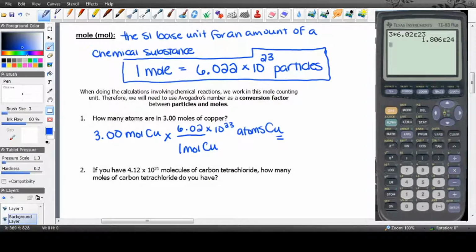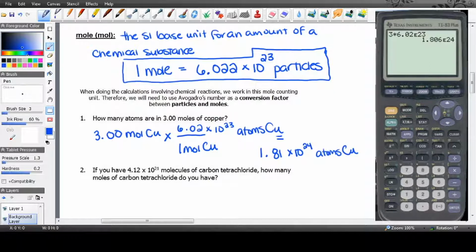My answer is, and I'm going to want 3 sig figs in my answer, 1.81 times 10 to the 24th atoms of copper.